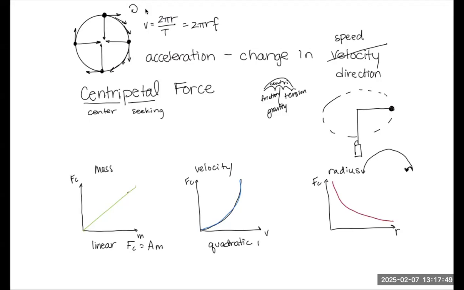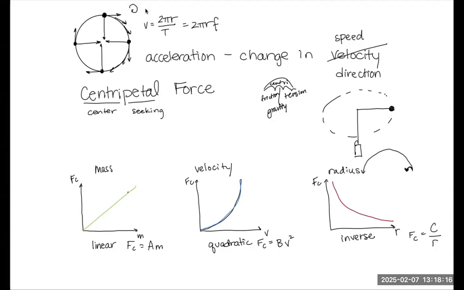We could write centripetal force as some number times velocity squared because it's quadratic. And finally, for our inverse over here, we could write our centripetal force as some number divided by the radius.